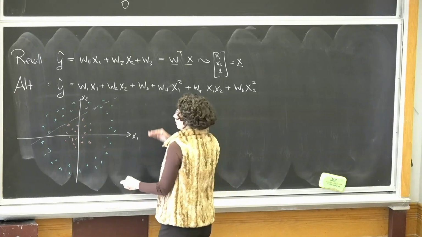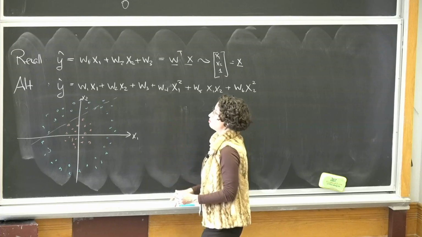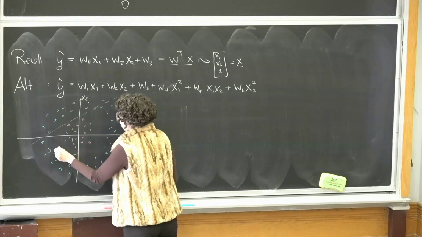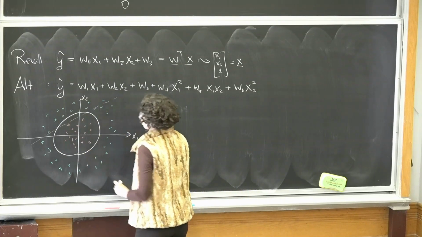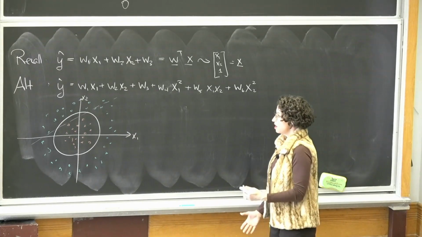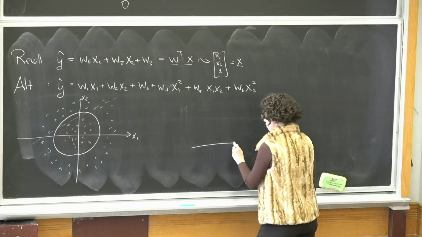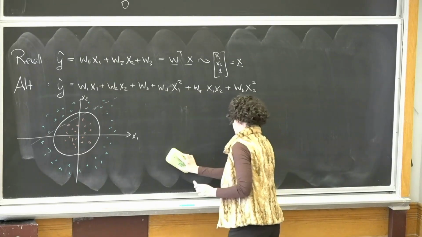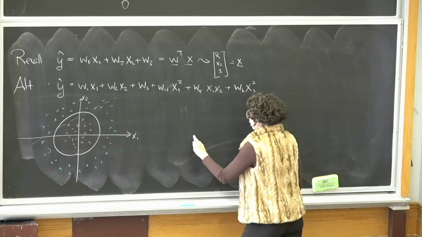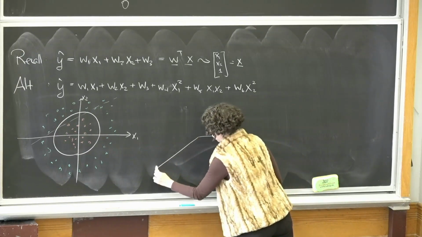And so by allowing ourselves to have quadratic predictors, what we can do is learn decision boundaries that can perfectly separate our data. And the way to think about it is like this. So I'm going to redraw this data, but instead of drawing it in 2 dimensions, like I just did, I'm going to add a third axis.